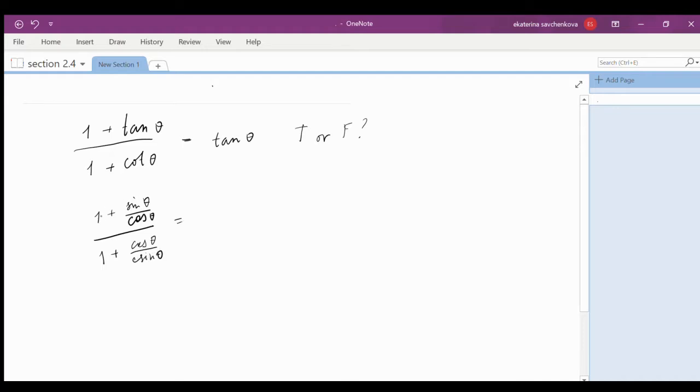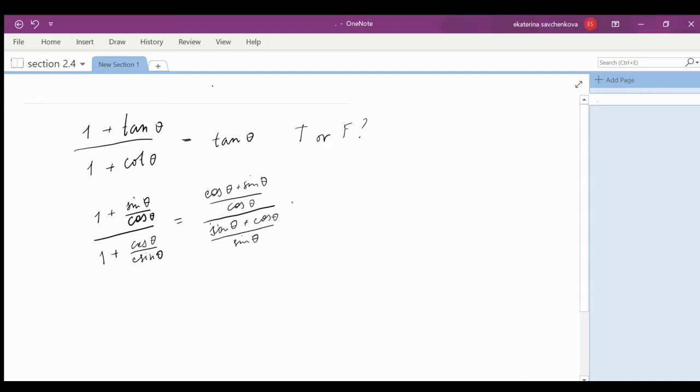Well, I'm going to bring to common denominator both fractions, so it's a cosine of theta plus sine of theta divided over cosine of theta, and the denominator over here is going to be sine of theta plus cosine of theta divided over sine of theta.